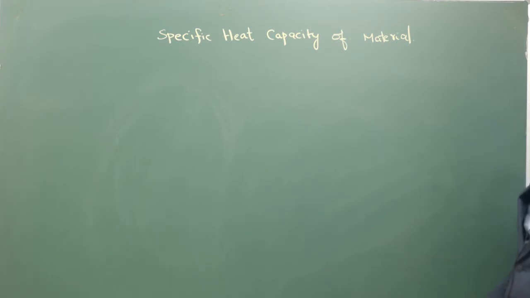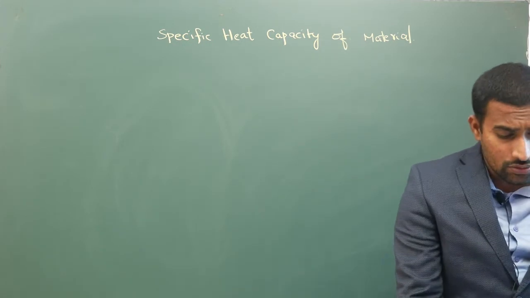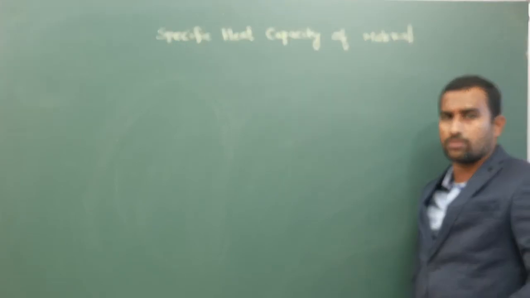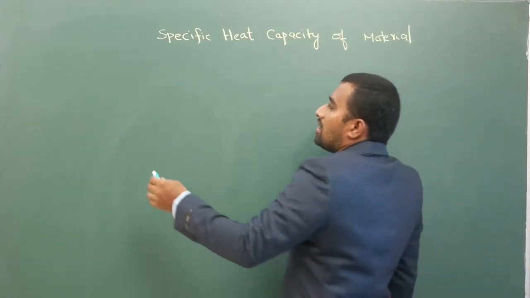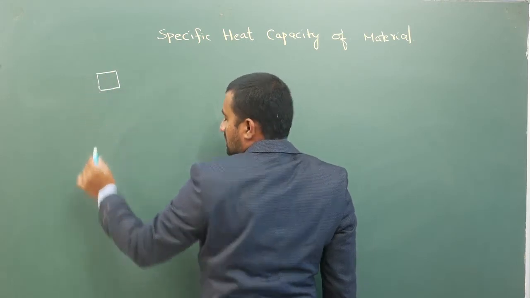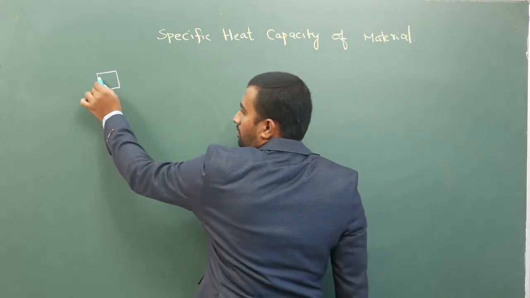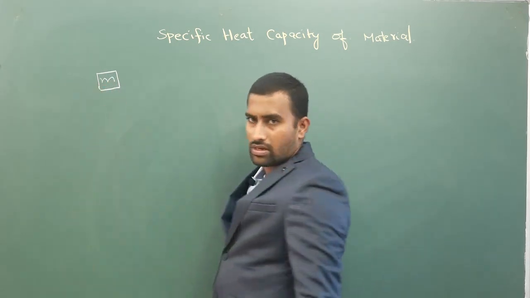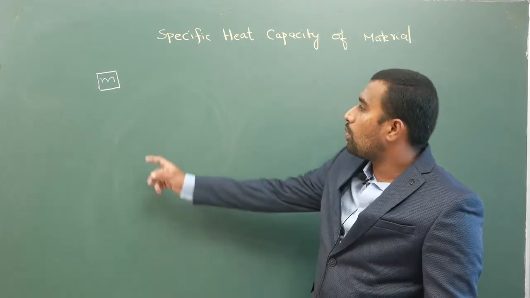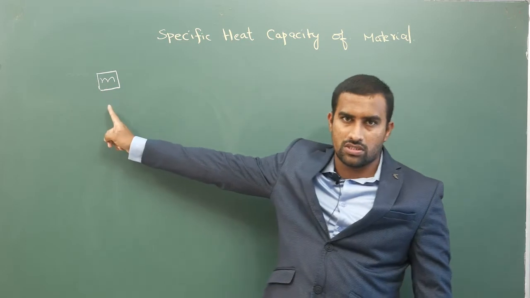Now if you take specific heat capacity, first you are supposed to understand this: if you take a substance with mass m, I am going to give heat energy to this substance.